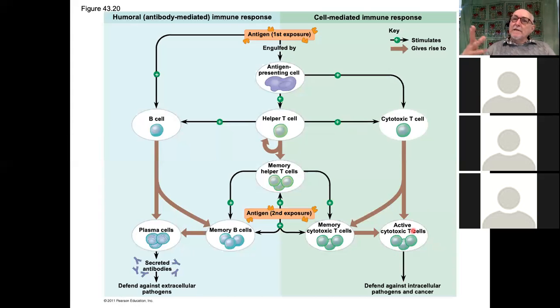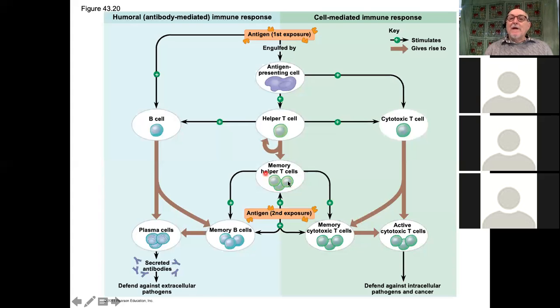That whole complex adaptive response that we saw, each arm of it can produce memory cells. There are two memory populations that are of particular importance. And these are the memory B cells here, and then the memory cytotoxic T cells.